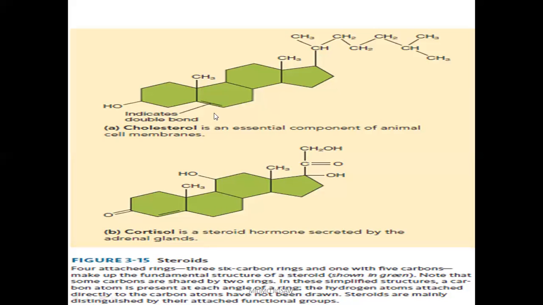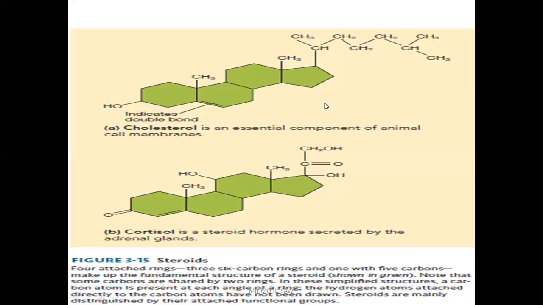Remember we said that a steroid will contain 3 6-carbon rings, 1, 2, 3, while the 4th is a 5-carbon ring.